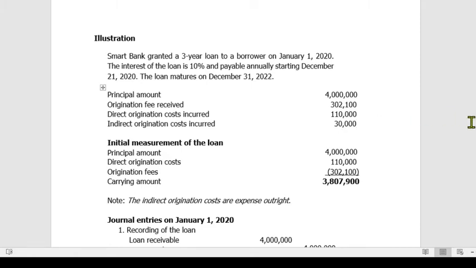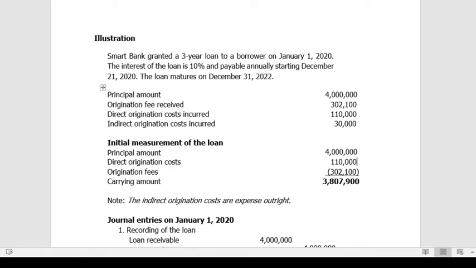So, 'di ba, ang sabi kanina, at initial measurement, it is measured at the fair value plus the transaction cost. The fair value at this moment, dahil at time zero, is the principal amount, 4 million, plus the transaction costs that are directly attributable to the loan. Ano ba ang transaction directly attributable? Is the direct origination cost na 110,000. Okay. However, merong origination fee received.